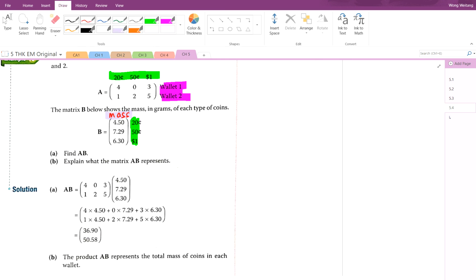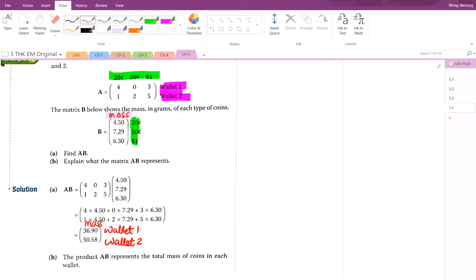In my final matrix, what should be in these two sides? Mass or wallet? This side, wallet. Specifically, wallet 1, wallet 2. Then what about this side? Mass. Can you see how to transfer the header when you multiply by matrices?